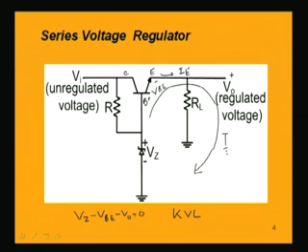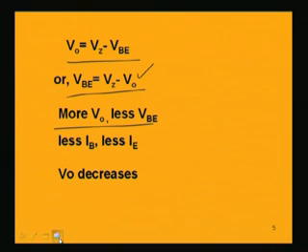If this IE, the load current, decreases, then V naught will decrease and it will be brought back to the earlier value. That means V naught will be kept constant. Even though V naught is increasing, ultimately by this regulator circuit it is brought back, so V naught will be maintained at the same value.